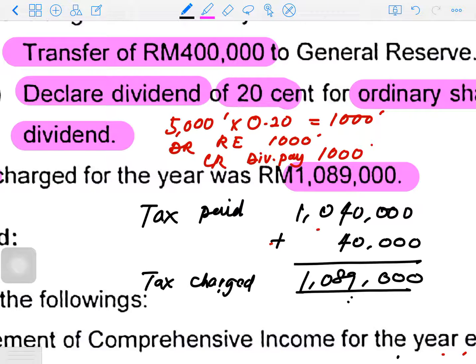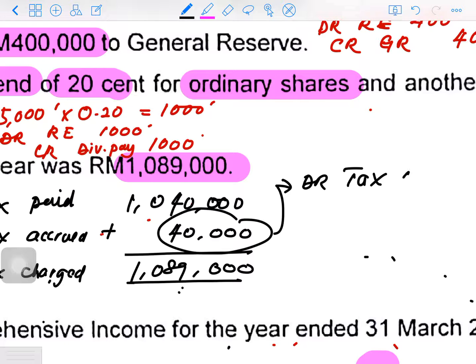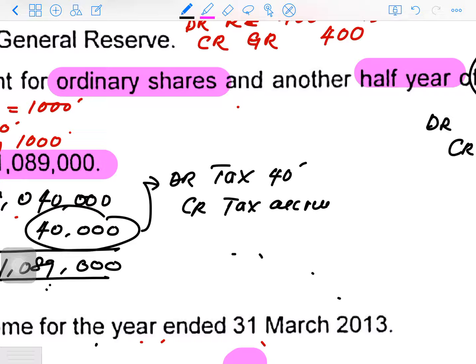40,000. Right, this is tax accrued. Okay, tax accrued. So the double entry will be debit tax 40,000, credit tax accrued, your current liability, 40,000 tax accrued.